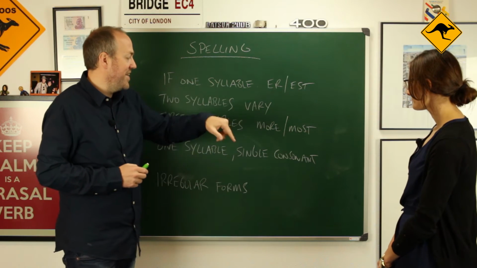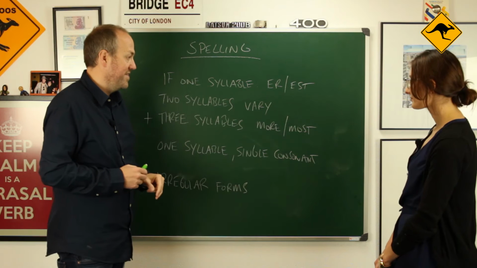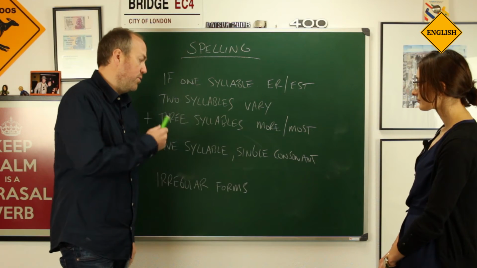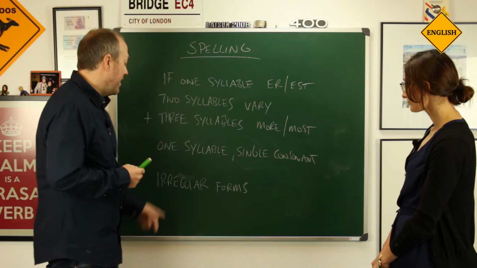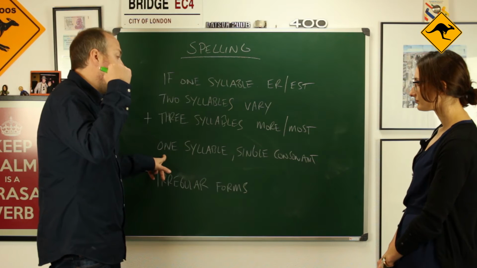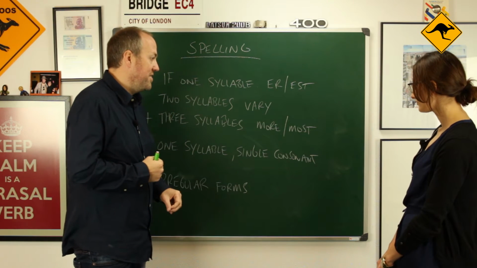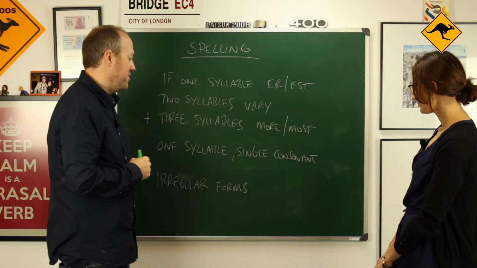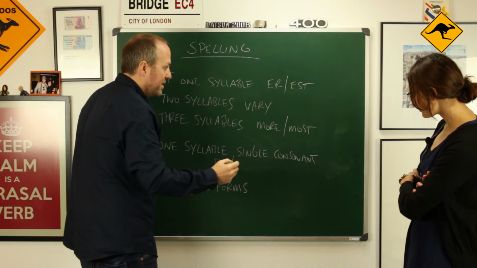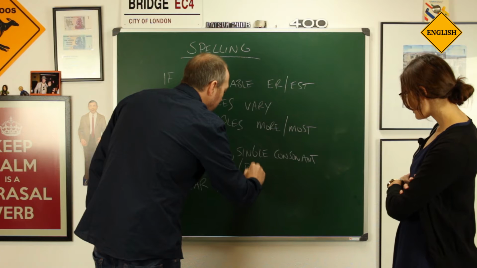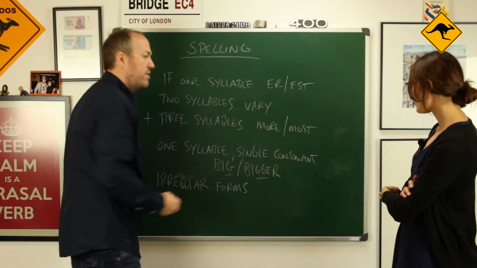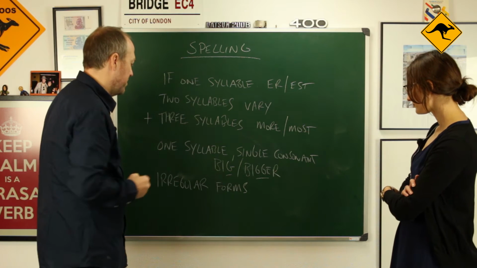Sometimes we add ER and EST, sometimes we use more or most. And more than three syllables, yes, generally we use more and most. Another thing, if the adjective is one syllable and ends with a single consonant, then we double the final consonant. So for example, like the adjective before, big, where the spelling is bigger. You can see we double the final consonant because it's one syllable.